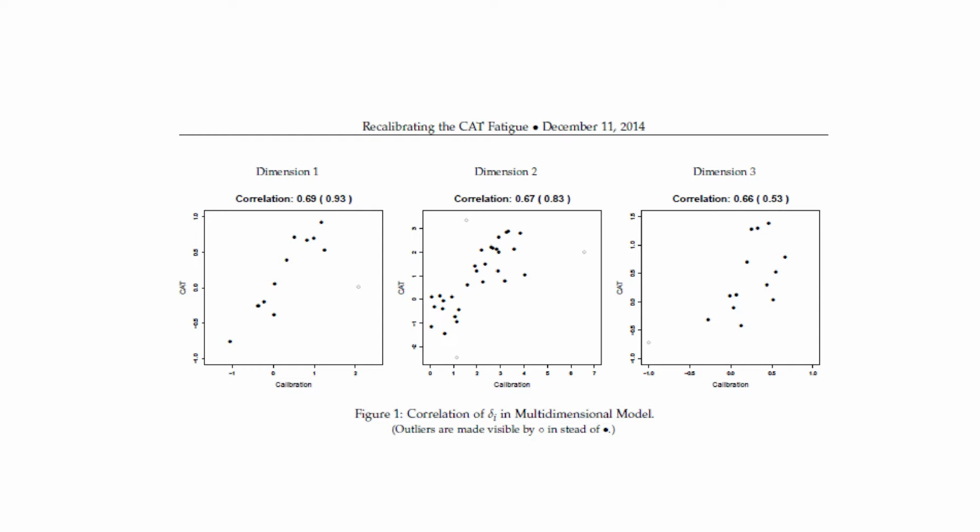You see here the correlations between the two sets of parameter estimates, and between the brackets is another correlation, which is when 2 or 3 extreme items were removed from the set, and then you see that the correlation goes up. So the correlation is not very high, and if you remove some items that do not fit very well, the correlation gets higher.